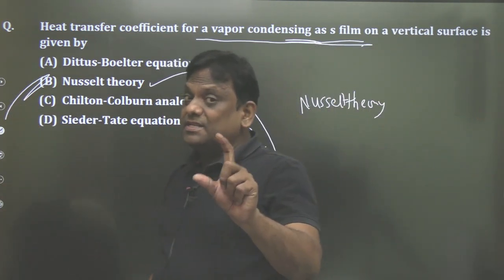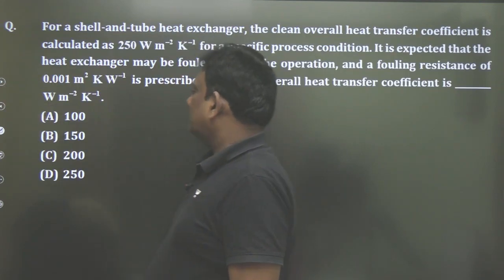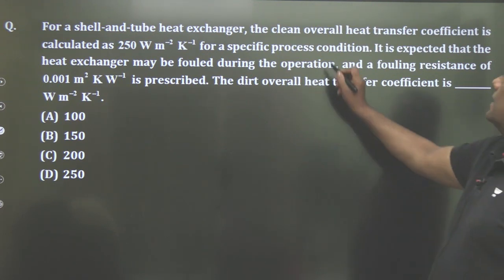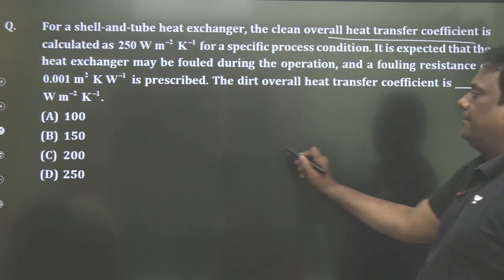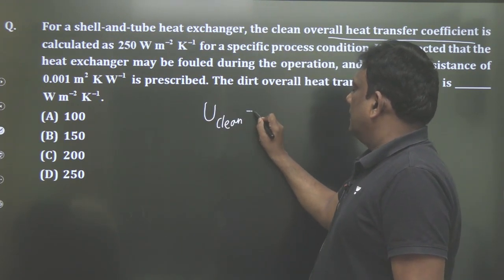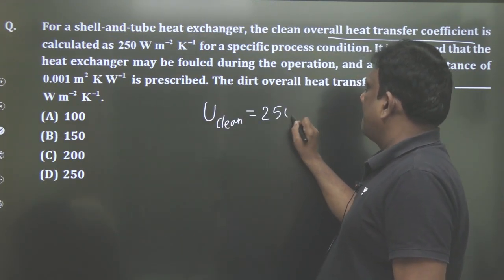I have given all assumptions in my regular classes. Now take this question. For a shell and tube type heat exchanger, the clean overall heat transfer coefficient is 250.